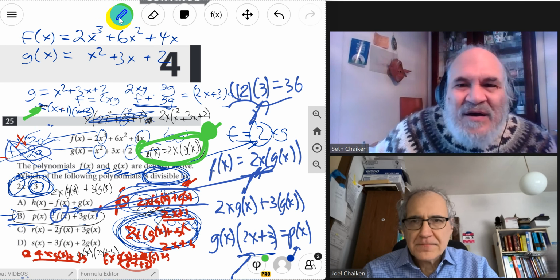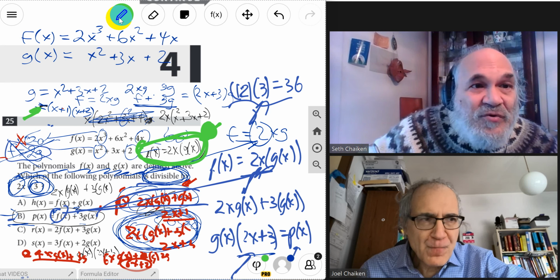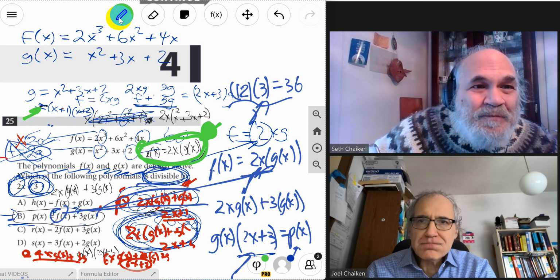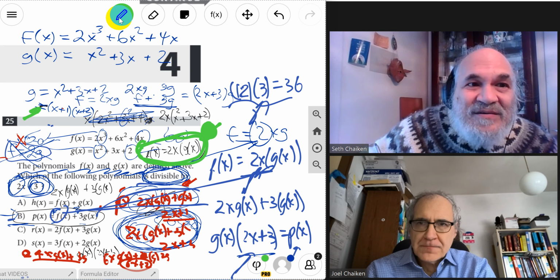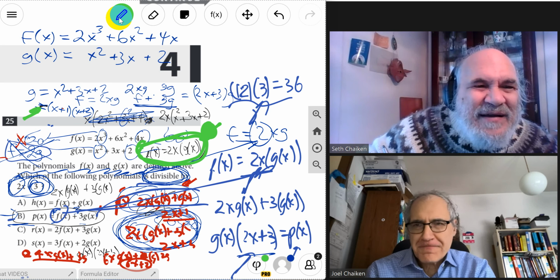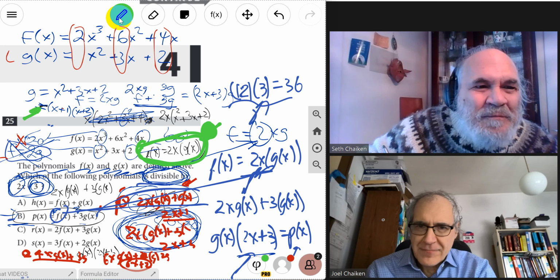I'm going to use red for one part of the pattern. See that? The red pattern: we have some term t here, and the top is 2t.